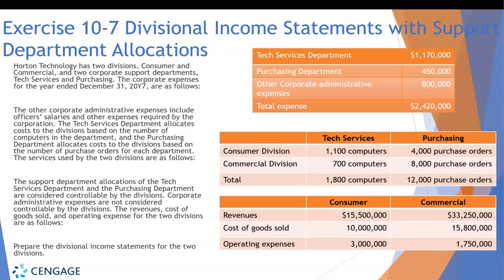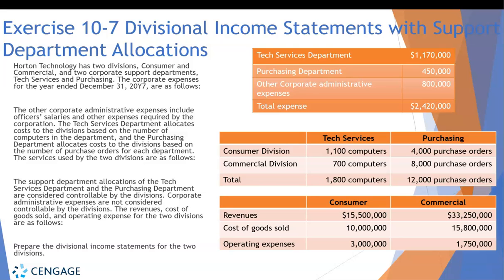The corporate expenses are shown, and the other corporate administrative expenses include officer salaries and other expenses required by the corporation. The tech services department allocates costs to the divisions based on the number of computers in the department, and the purchasing department allocates costs to the divisions based on the number of purchase orders for each department.